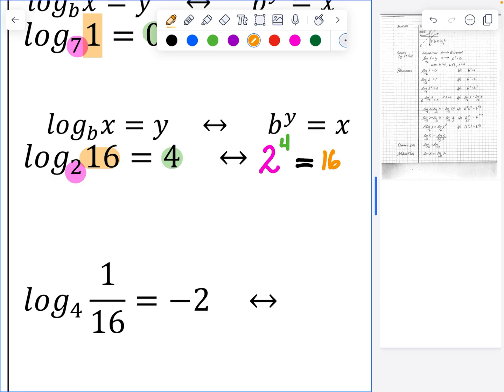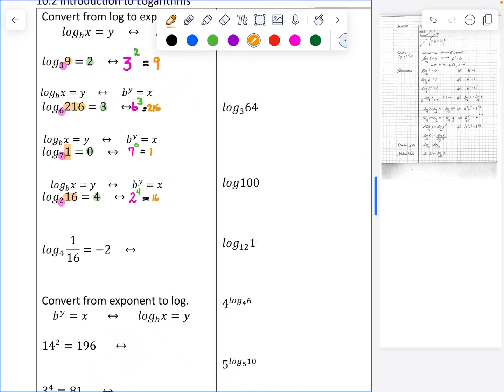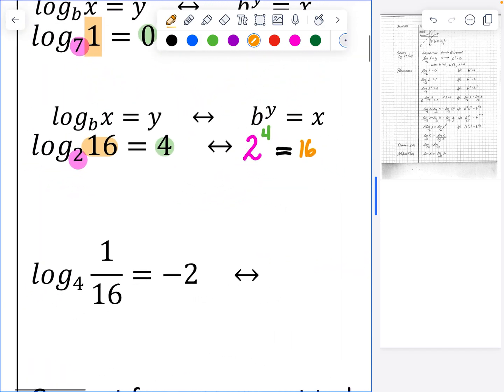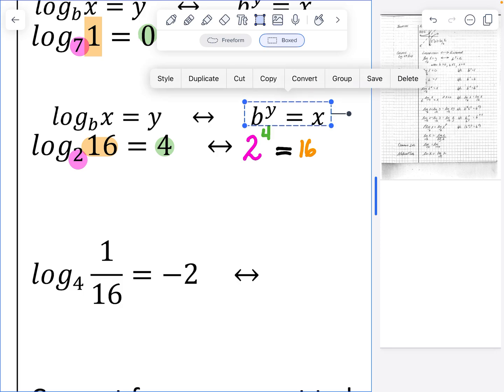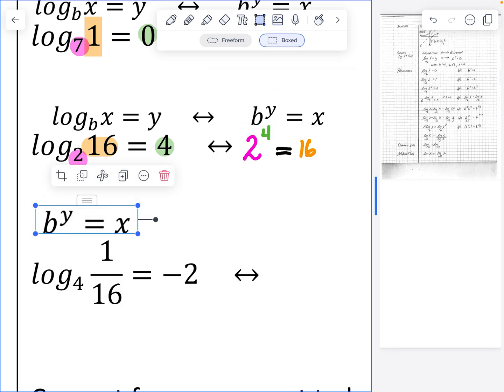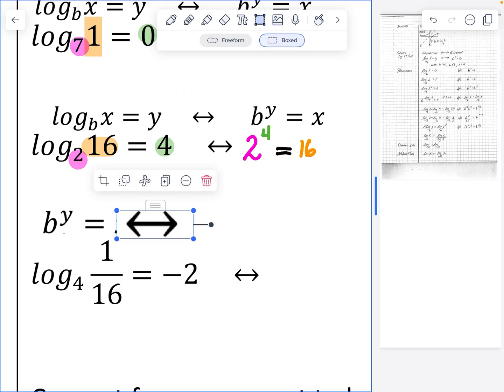So now we're going to turn it around. What we're going to do now is take this and turn it into, wow, that's really, really large.